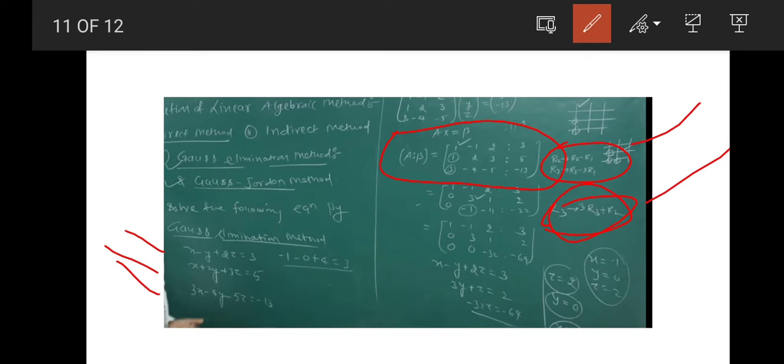I will make 1 and then lower to a 0, then this a 0, and finally when I have converted it into upper triangular matrix, now our equation is x minus y plus 2z equals to 3, and by using these values we can easily calculate x, y, z. So this is all about the concept of Gauss elimination method.